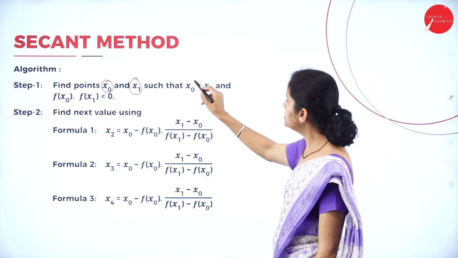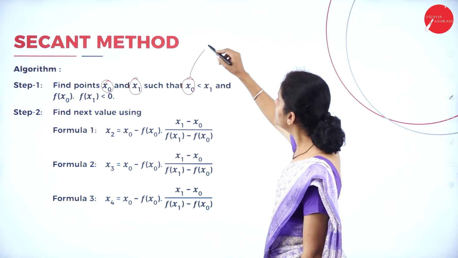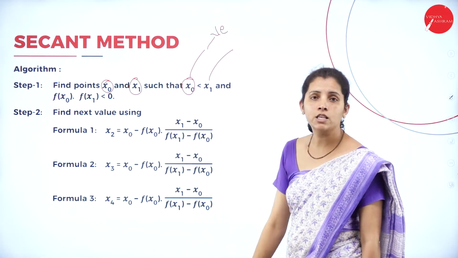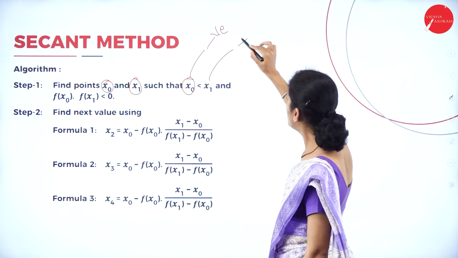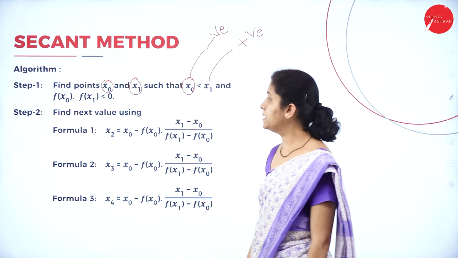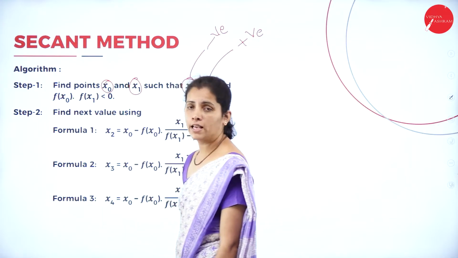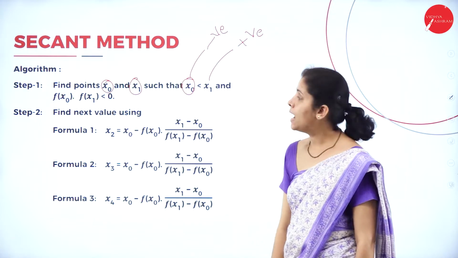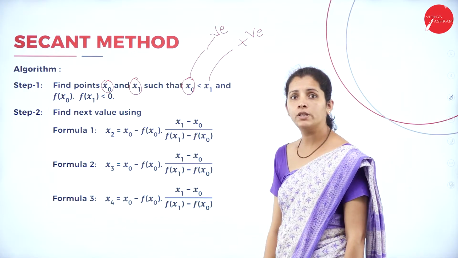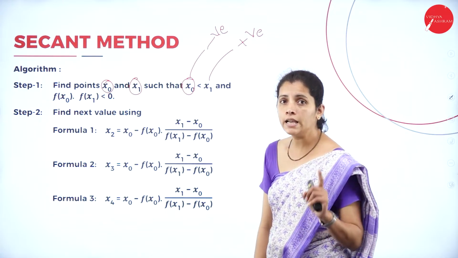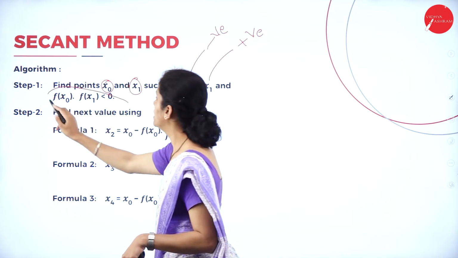In the sense, this x0 is always my negative value and this x1 is always my positive value. And when I multiply f of x0 into f of x1, I'm going to get an answer which is less than 0. Once again, it indicates that it is negative.